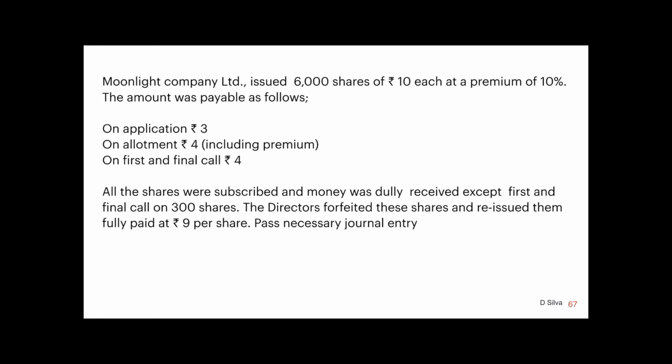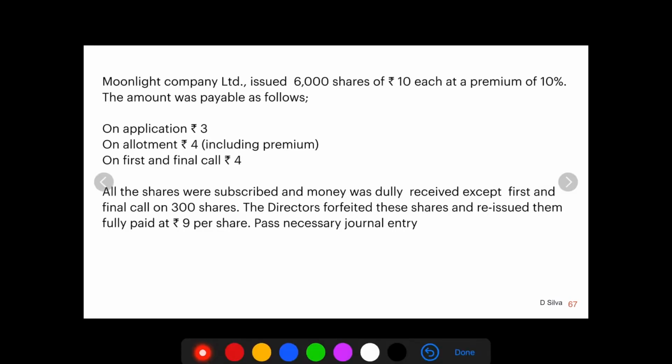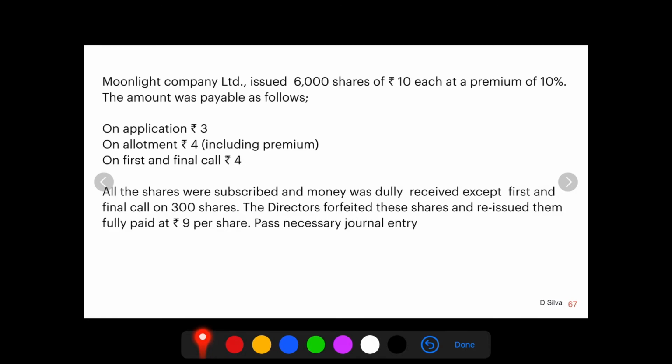Pass necessary journal entry. From the question, we understand that the Moonlight Company has issued 6,000 shares of rupees 10 each at a premium of 10%. Then how do we calculate premium over here? It's very simple. We know that 10 rupees is being charged per share, and for every share 10% needs to be charged.